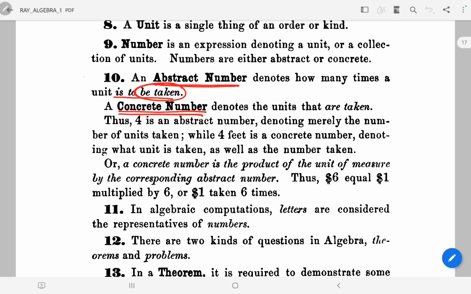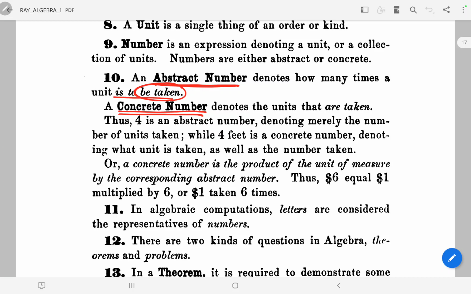An abstract number doesn't tell us what. An abstract number tells us how many. A concrete number tells us how many what.